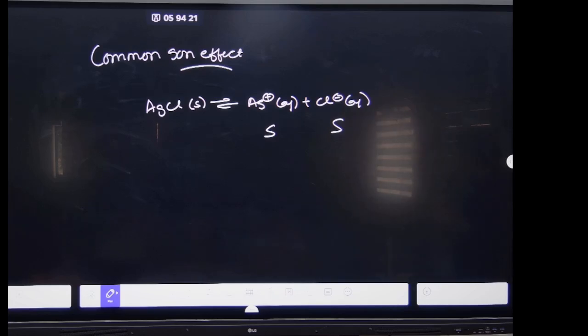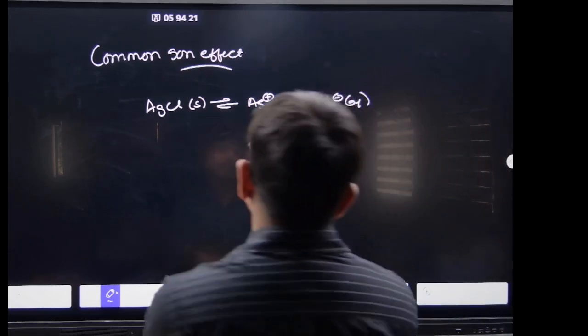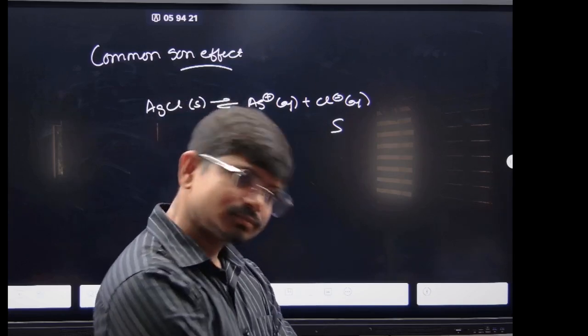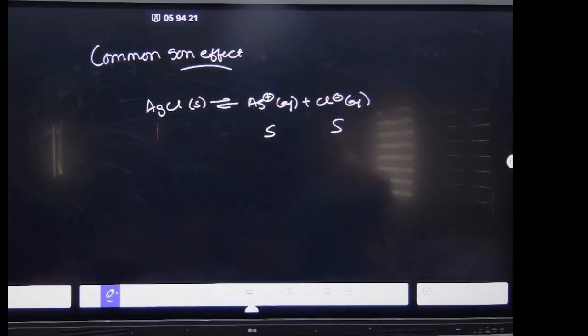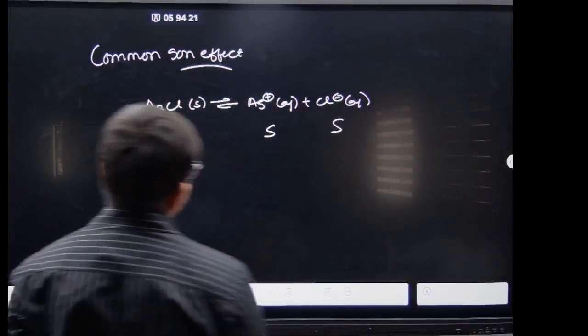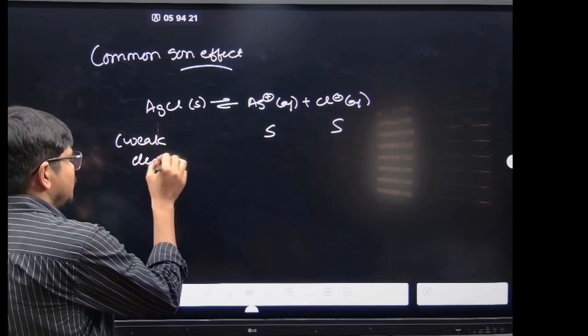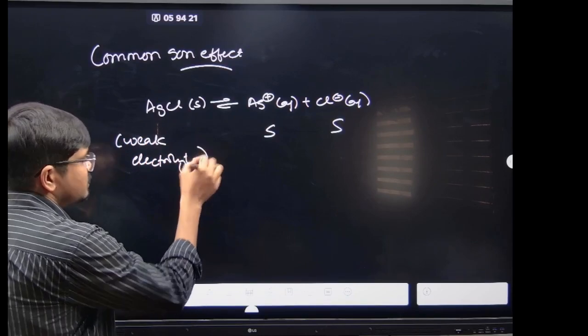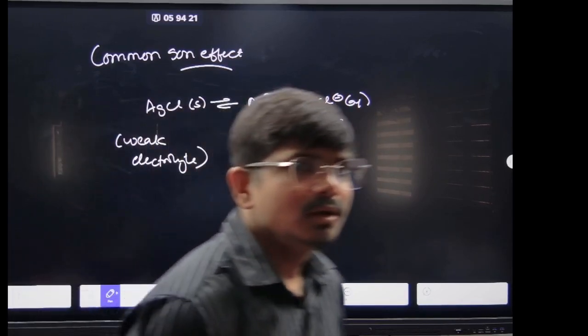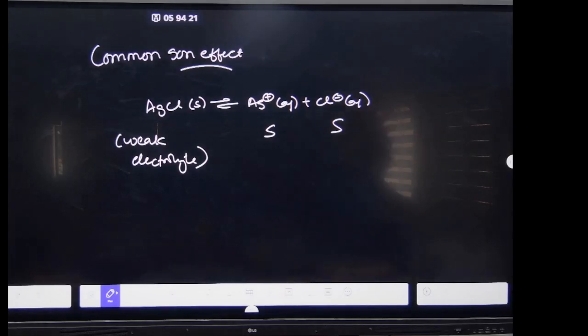Now you have added NaCl, right? Let's suppose you have added KCl. Clear? KCl is a strong electrolyte, got it? This one is basically your weak electrolyte, and KCl is your strong electrolyte, right?